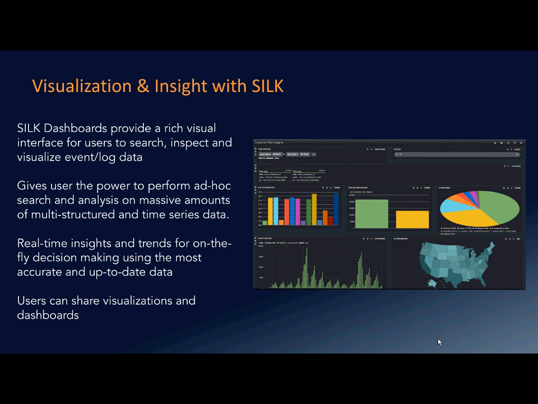And Kibana 3 is a web interface that can be used to search and view the logs that Logstash has indexed. So what Silk does is it provides a rich visual interface for users so that they can search, inspect, and visualize event and log data, create personalized and shared dashboards and reports across your organization, gaining quick insight into network health, application availability, and data security.